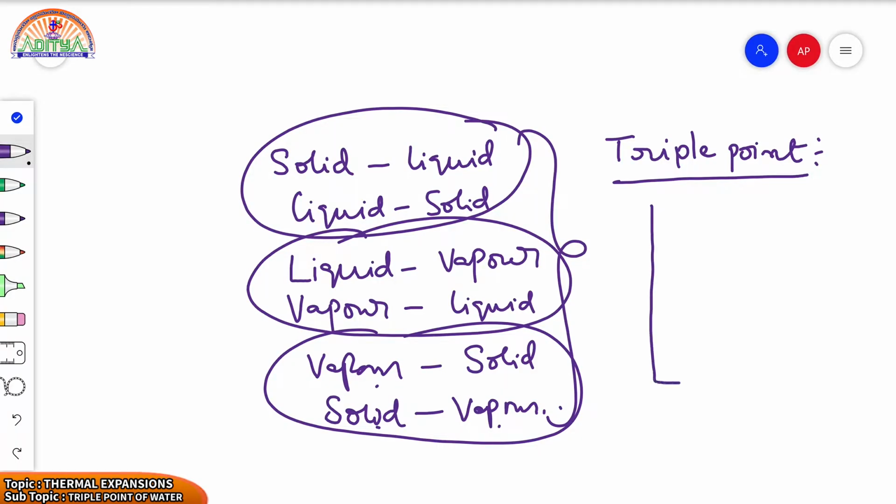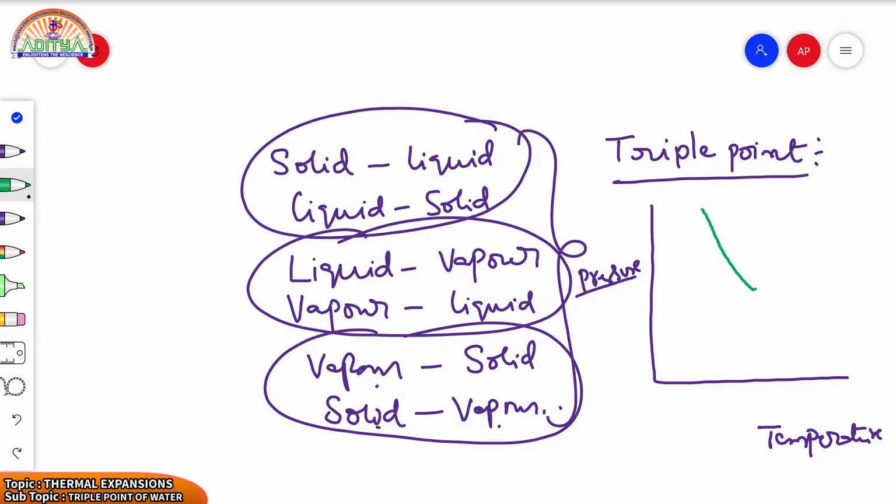Look, I drew a graph between temperature and pressure, taking temperature on the x-axis and pressure on the y-axis. Here we can observe one important point. At a particular point, all the three states of matter exist in equilibrium.